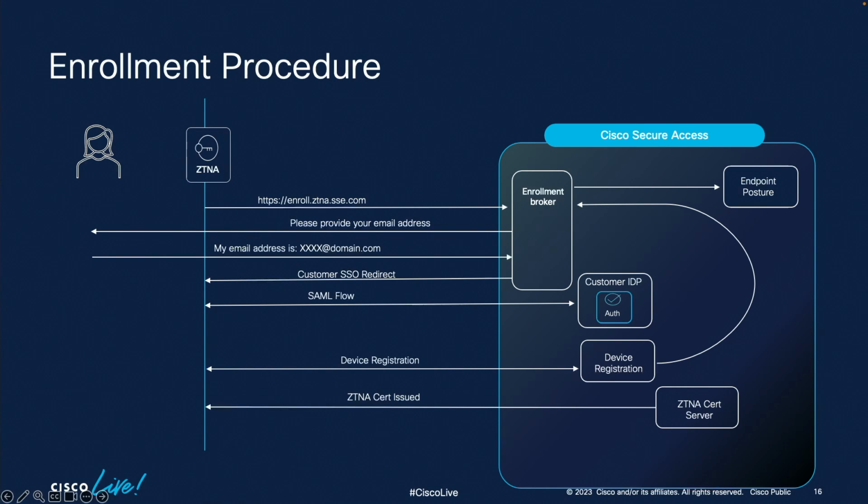From that point on, in the back end, based on policy, if policy dictates that we need a second type of authentication to truly verify the user, we can do that. We can do that with any SAML 2.0 provider, Duo, Okta, any IDP of your choice.